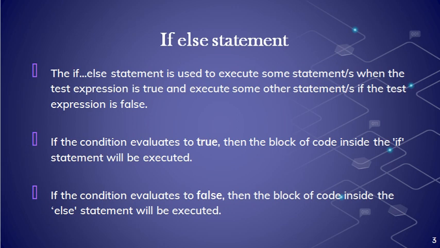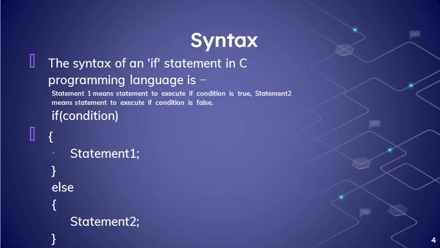So here we can see the syntax of the if else statement. We know the syntax of the if statement. Similarly, the syntax of the if else statement is like this: if condition, then in brackets we give statements. If it is a single statement, we can exclude these brackets, otherwise we have to include them, and they may contain a set of statements or a single statement.